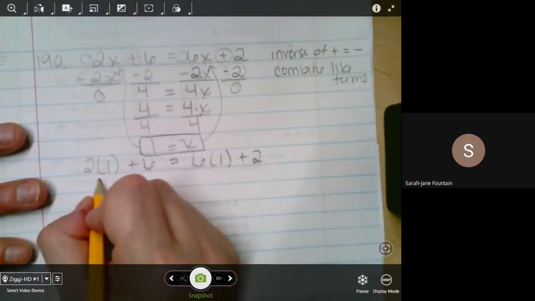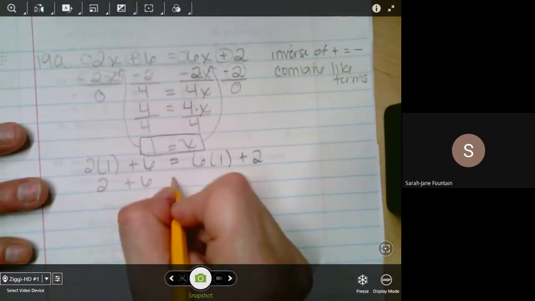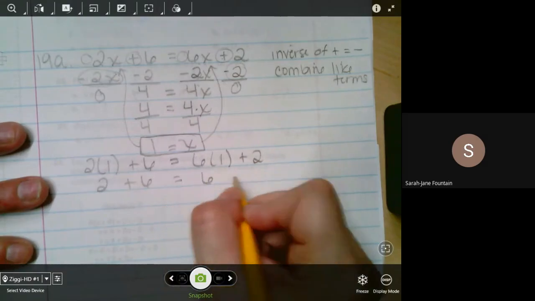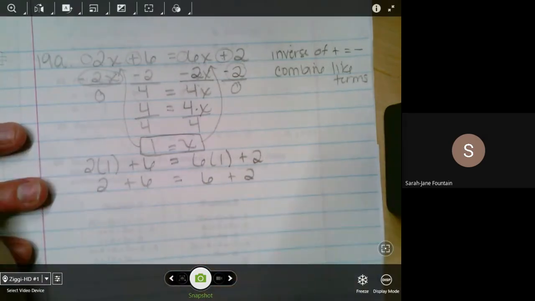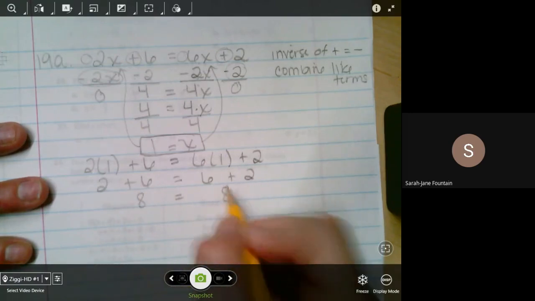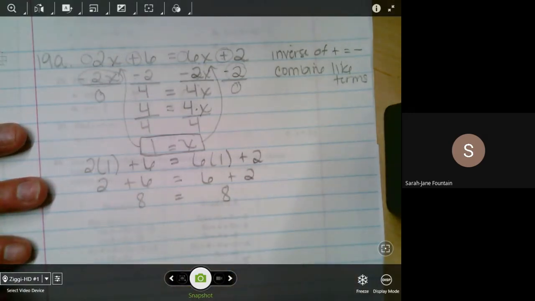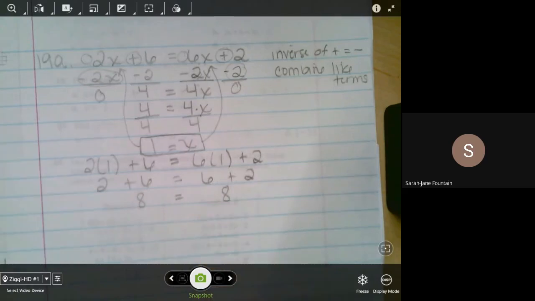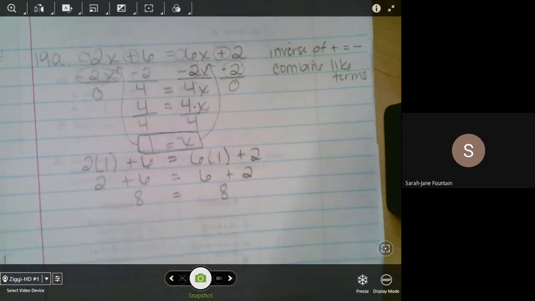So 2 times 1 is 2 plus 6. 6 times 1 is 6 plus 2. 2 plus 6 is 8. And 6 plus 2 is 8. So that means that x is for sure 1.